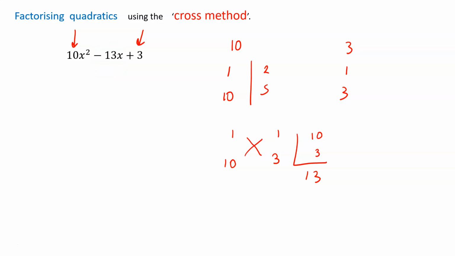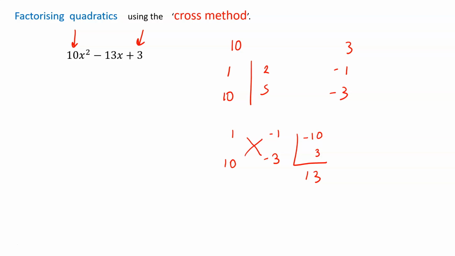To take care of that, we go back to our factors of 3. Now 1 times 3 is 3, but so is negative 1 times negative 3. So if I just write those negative numbers there, notice that all of my numbers now become negative, and this is the number that we wanted.